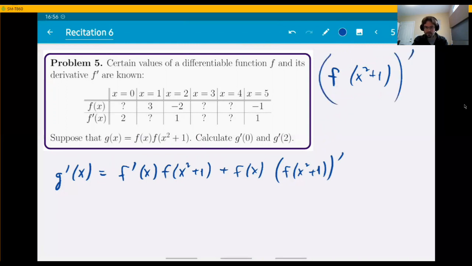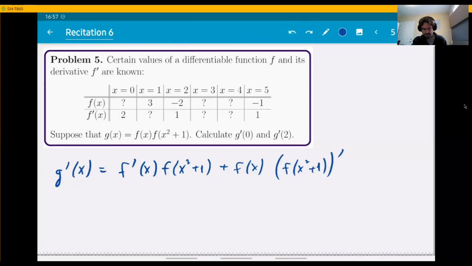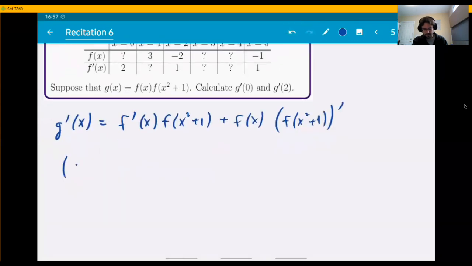That's differentiating that term. And the derivative of that requires a chain rule because it's a function f of another function, x squared plus 1. So let's actually find that by the chain rule. How do we do that? Well, let's call y the whole thing.